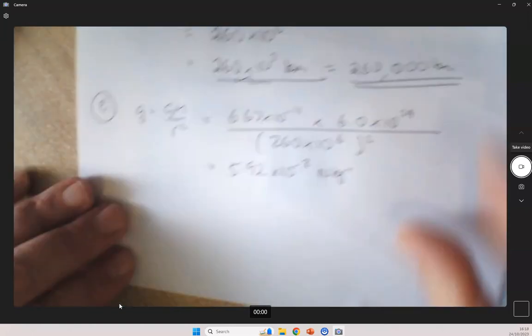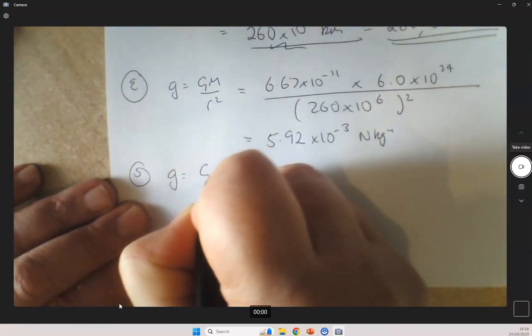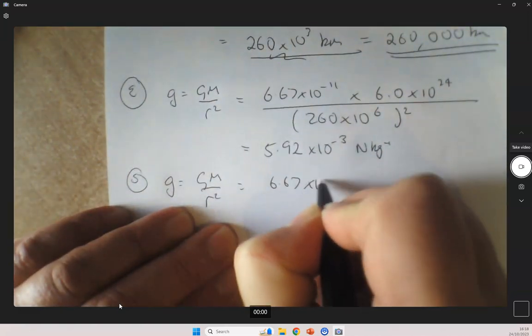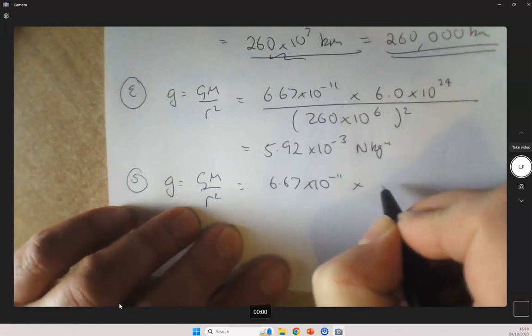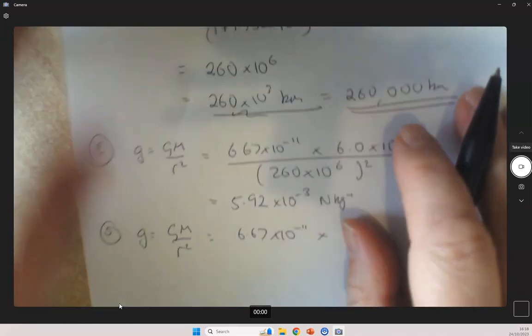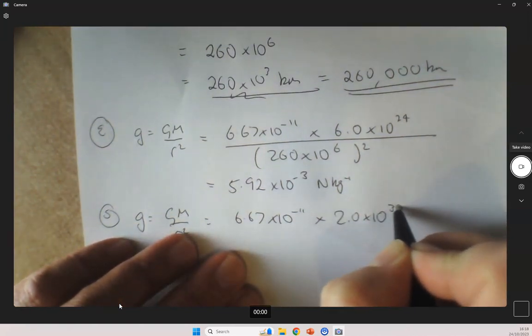If I consider then the field from the sun, I'm expecting it to be the same, but in the opposite direction towards the sun, so I've got g is equal to Gm upon R squared. 6.67 times 10 to the minus 11 times, I need the mass of the sun, which is 2.0 times 10 to the 30.